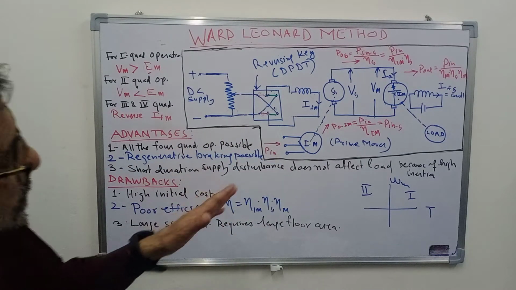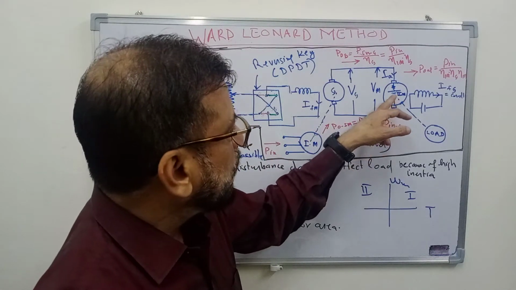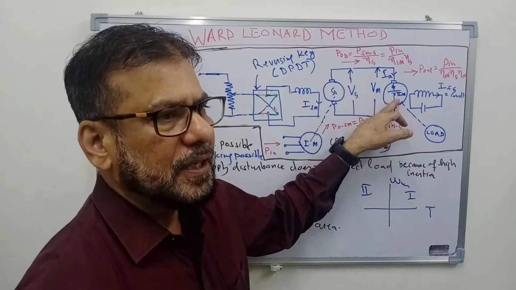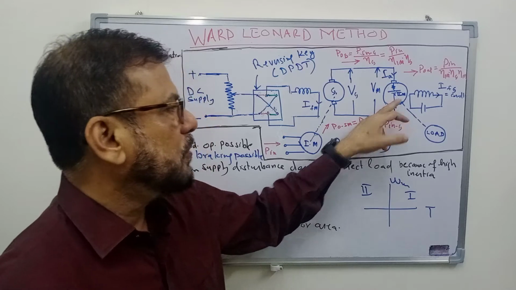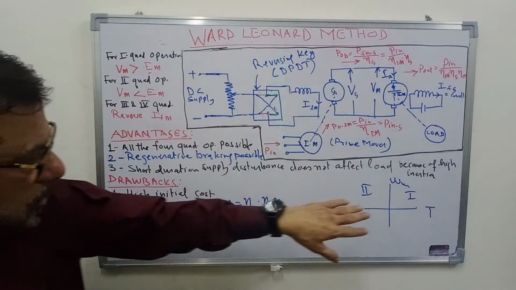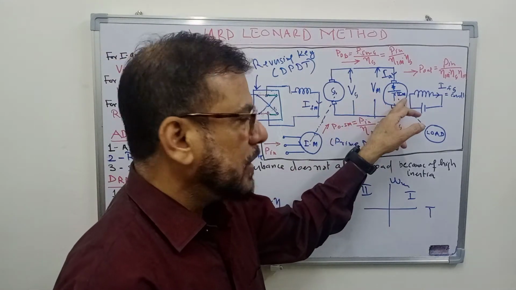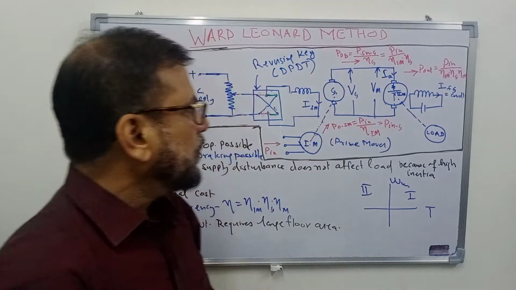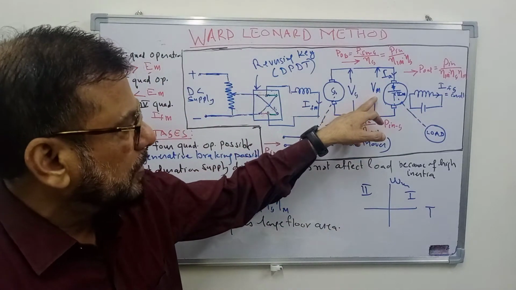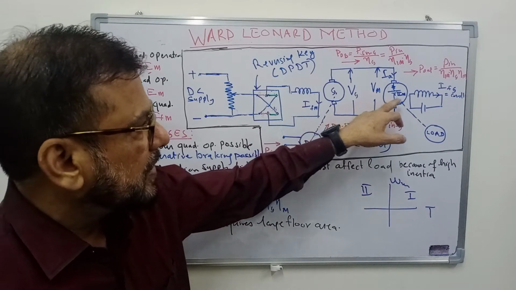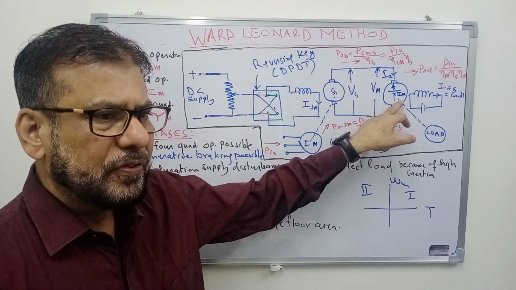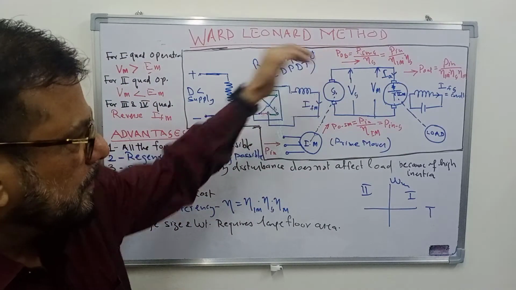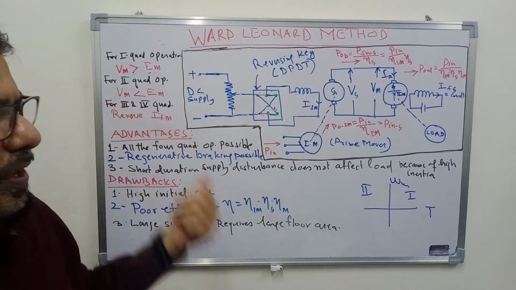For this you have to make this voltage less than the back EMF of the motor. In the normal first quadrant operation, this voltage will be more than the back EMF and the power flows like this. If you reduce the voltage across the motor such that it becomes less than the back EMF, then the current will flow in the reverse direction and we shall have the second quadrant operation.